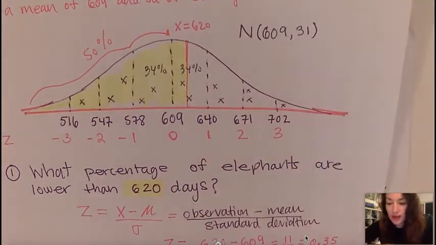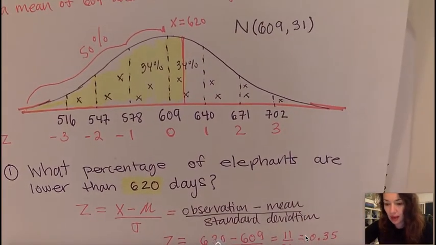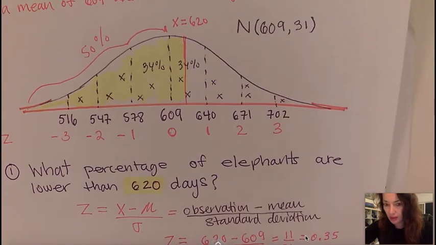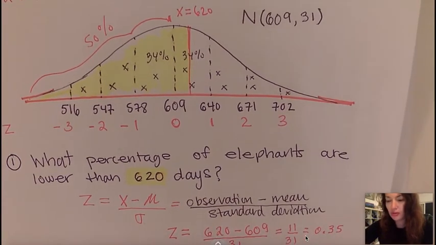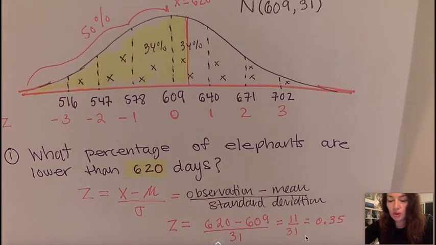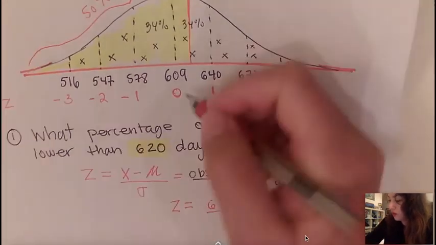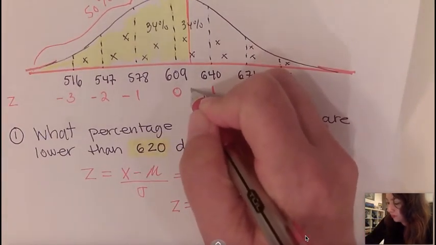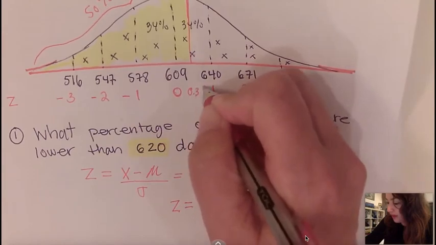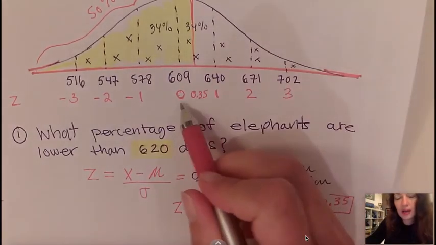Well, we have different ways to calculate that area. In this video, I'm going to show you using a z-score table. And in the next video, I will show you how to do that using our calculator. So let's go ahead and look at a z-score table. We already have our score. We know it's 0.35. So we want to know the area under the curve from there.